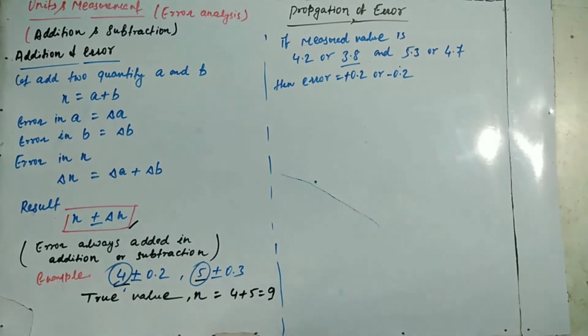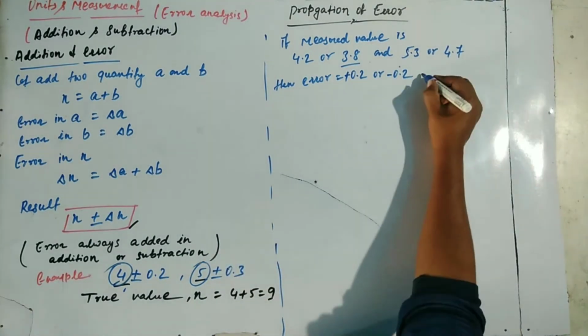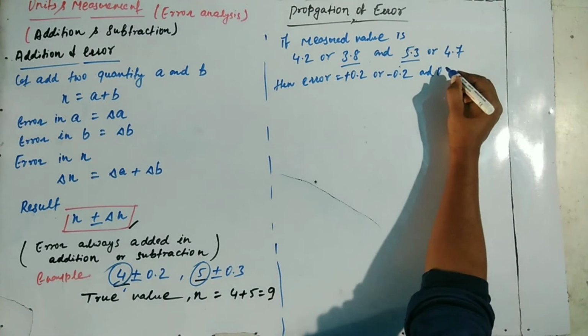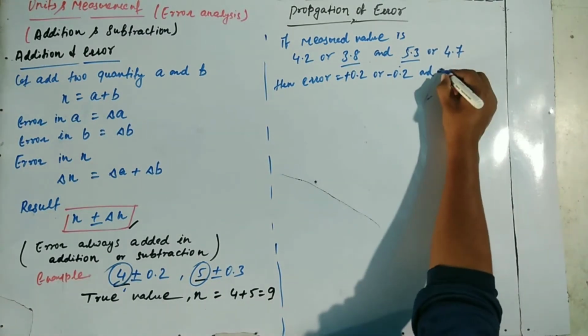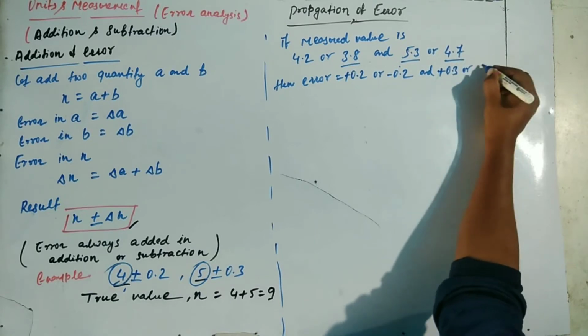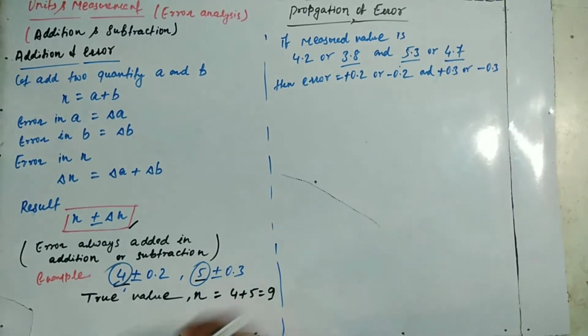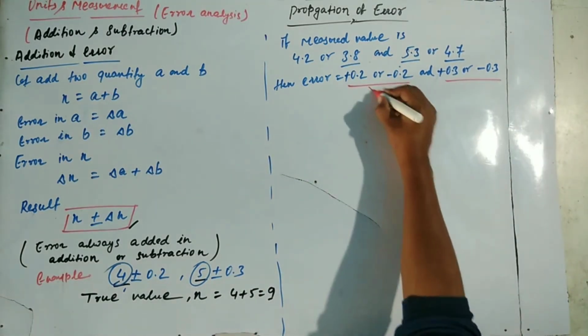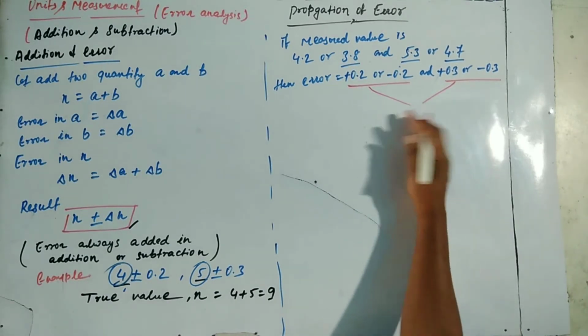So the error is plus or minus 0.2, and for the next term the error is plus or minus 0.3, and it is called del X. 0.2 and 0.3 are maximum errors.